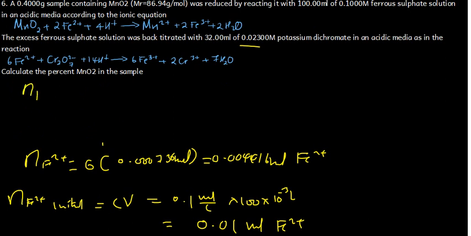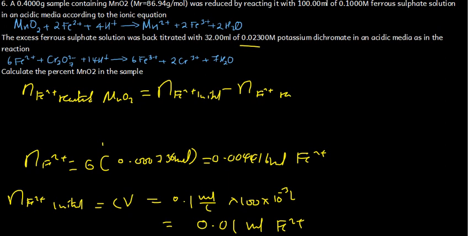So the number of moles of iron 2 plus that reacted in the first reaction with manganese dioxide, that is going to be equal to the number of moles of iron 2 plus initially minus the number of moles of what? Iron 2 plus which reacted in the second reaction. So which reacted in this case with what? The dichromate.